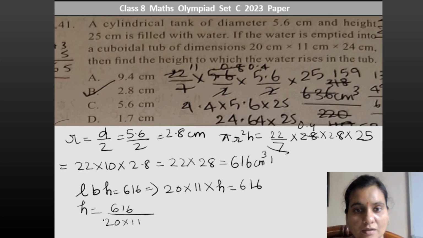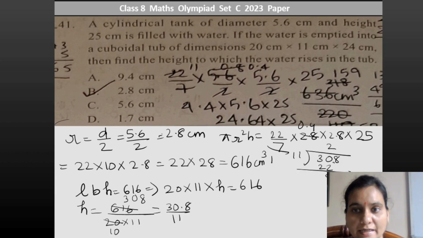So 20, 2 tens are 20 and 2 threes are 6 and 2 eights are 60. So it is 30.8 divided by 11. Let's calculate. 11 twos are 22. There is a decimal point here. 10 minus 2 is 8, and another 8, this 8 comes down here, 88.